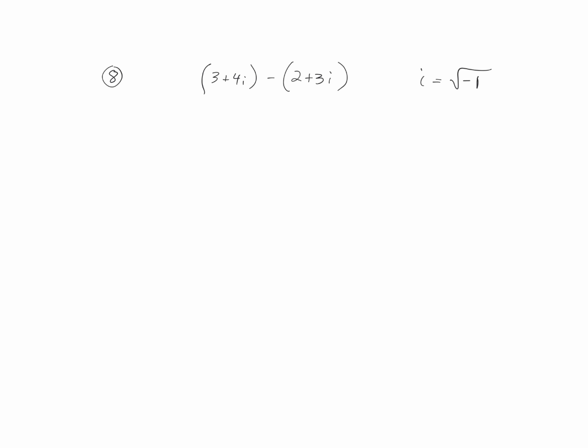You can just treat i like a variable. The negative sign distributes to both. So we have 3 plus 4i minus 2 minus 3i, and 3 minus 2 is 1, and 4 i's take away 3 i's is i, so we just have plus i, and so the answer is B.